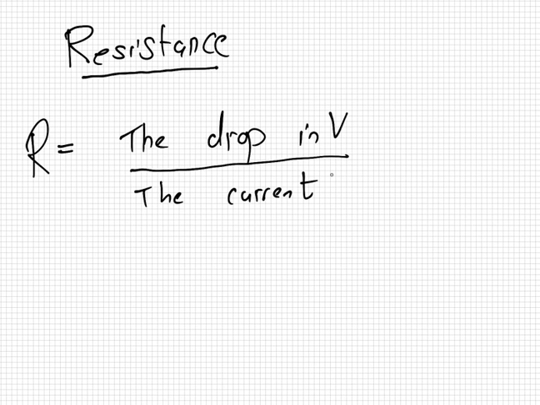What I mean by drop in voltage is the loss of energy. And the more energy that's lost, the more resistance we have. What do you think happens to this lost energy? It's changed into heat. So if you put electricity in copper, it might get a little warm.